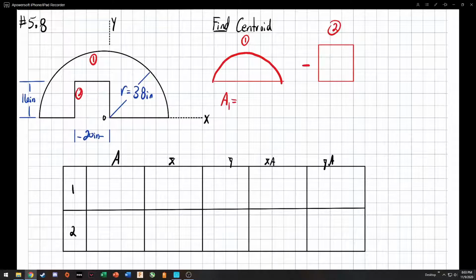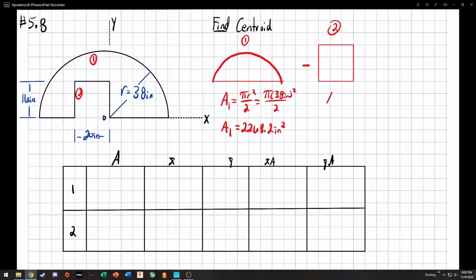Now that we know those, we start taking our areas. So area of 1, now the area of a semicircle is going to be pi r squared over 2. That was the equation I was trying to use earlier. Which is going to be pi times our radius, which is 38 inches, squared all over 2. We get area 1 to be 2,268.2 square inches.